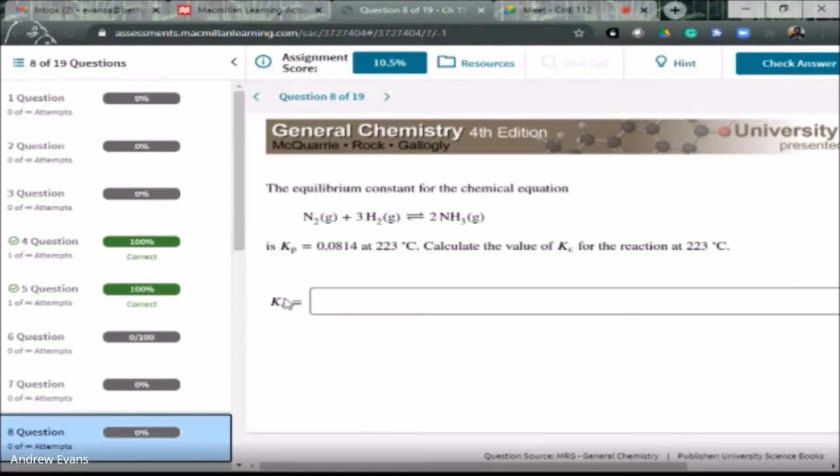And the rule is Kc times RT to the n equals Kp. So the net change is -2. The net change would be -2.